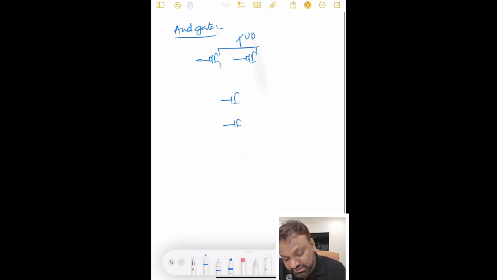So this is VDD, and the connections are like this. From the middle part, I will take the V out, right? This is my input A, this is my input B. This is the NAND gate output. The output here is A into B whole bar.